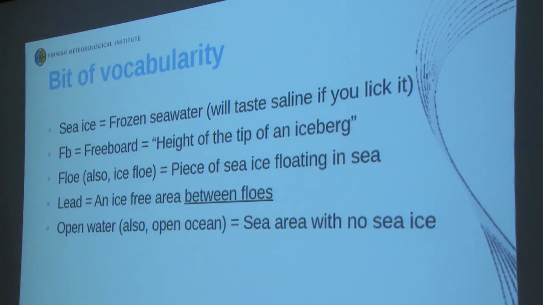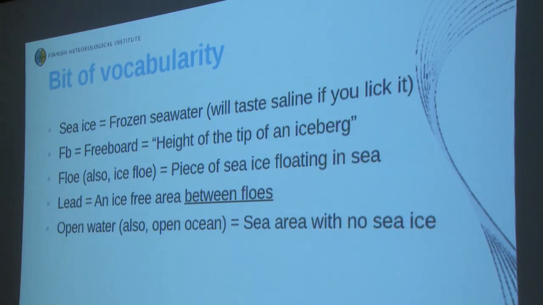Quite often you'll see the abbreviation FB, not standing for Facebook in this practical, but freeboard, just the elevation difference of local sea level and the upper surface of ice. Flow is an ice flow, so as Sinead showed you in the photos, Arctic sea ice is not a uniform slab. It's smashed into pieces or flows. Flow can be a couple of tens of meters wide, or it can be tens of kilometers.